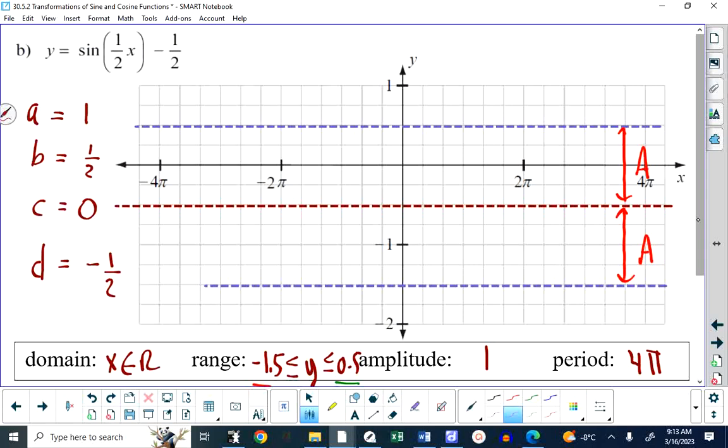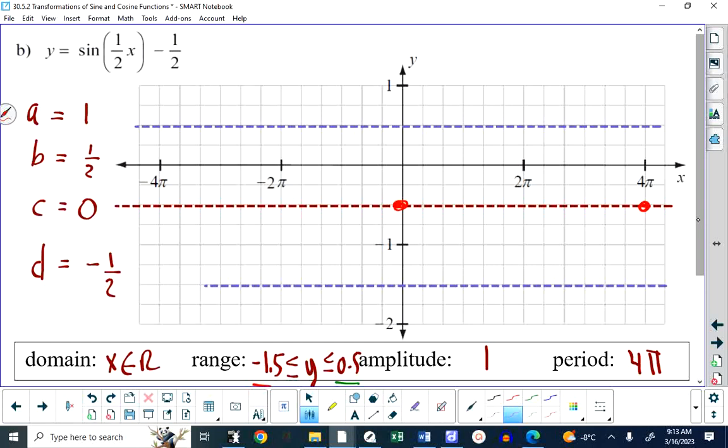It's going to start here going up. And since b is 1/2, it's going to repeat every 4 pi, so it has to go up from this point to the top, down to the middle, down to the bottom, and back to the middle in one period.